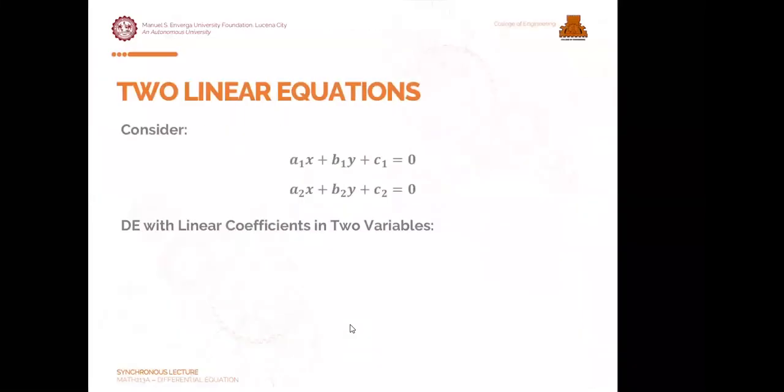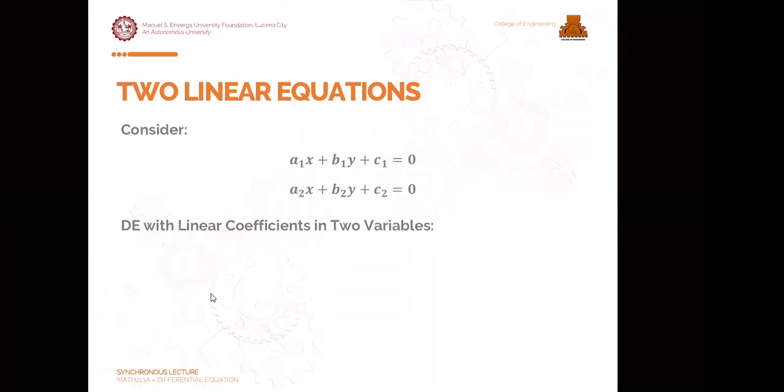So ano ba yung ibig sabihin niyan? So linear coefficients. So consider natin tong dalawang linear equations dito. So pag sinabi natin linear equations, ano yung nababalikan natin pag linear equations? So yung degree ng ating mga variables is first degree lang, no, kaya siya linear.